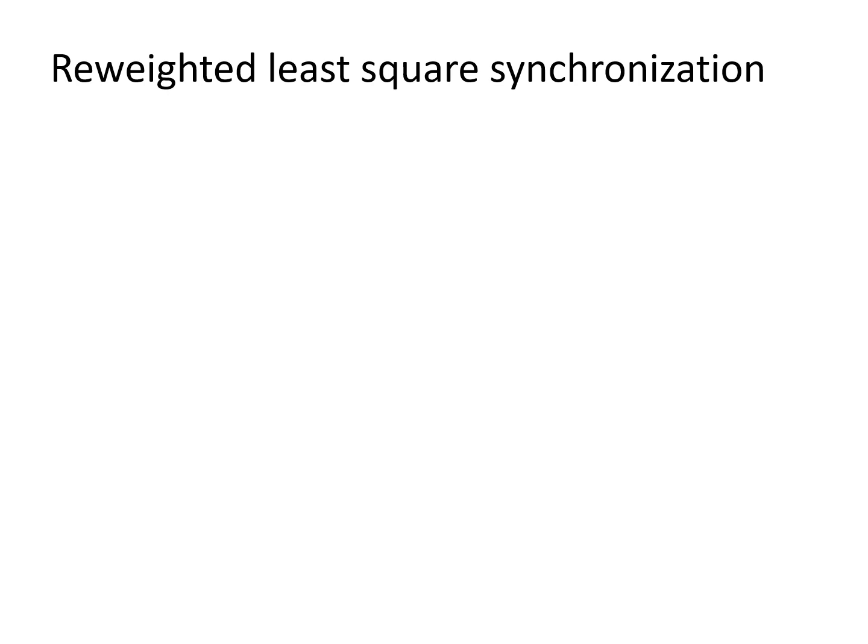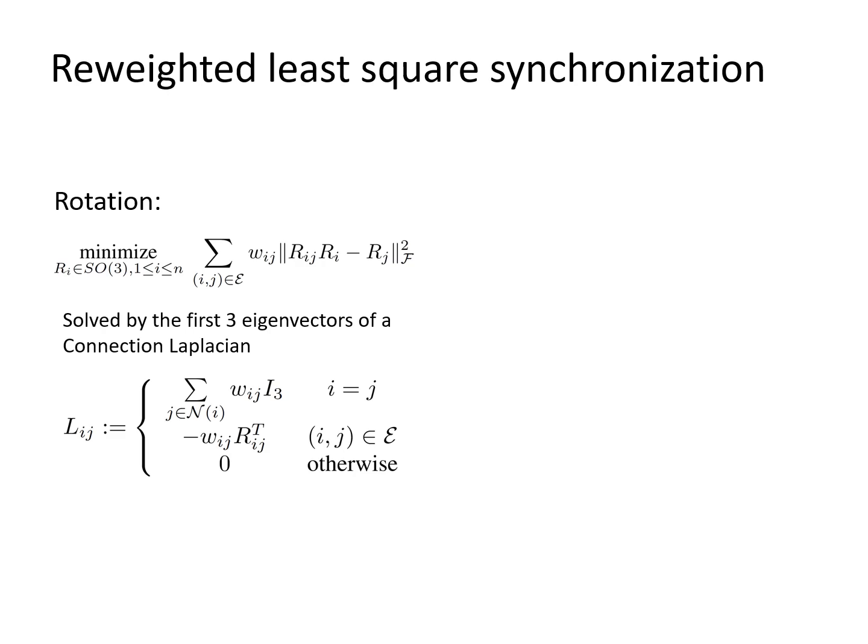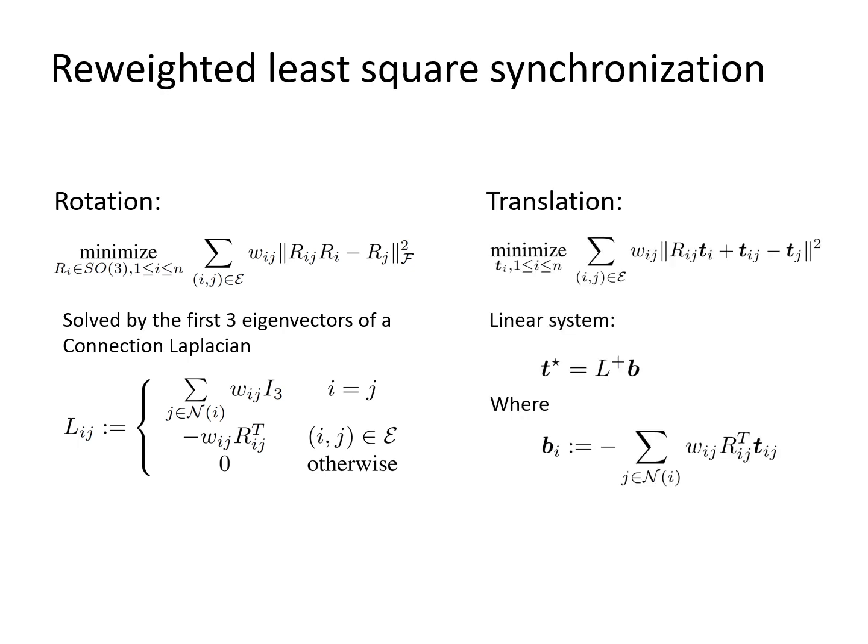What we do here is quite simple. First of all, we convert the synchronization problem into a reweighted least squares synchronization. Essentially, we introduce weights, motivated by the work we just talked about. We use the weights to handle noise.